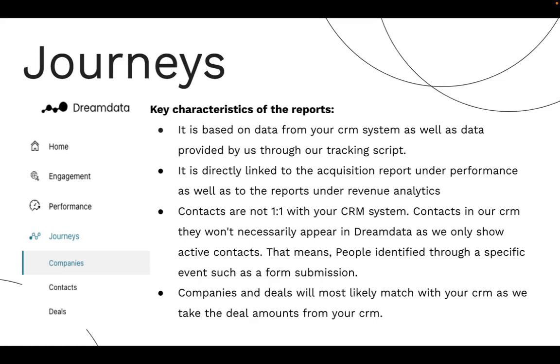This is because through our tracking, we are able to identify companies and contacts that actually do not exist in your CRM system. In short, I will show you how to identify those and to know which ones are new and which ones have been cross-checked with your CRM system. Deals will always come from your CRM system as these are created in your CRM system and these cannot be created by tracking.